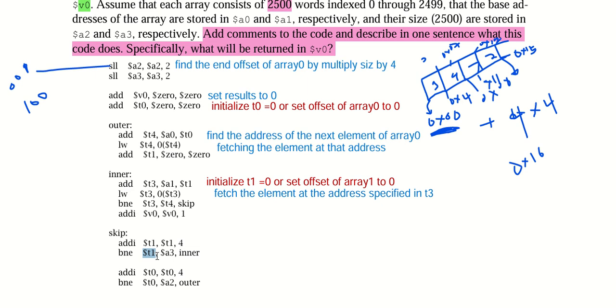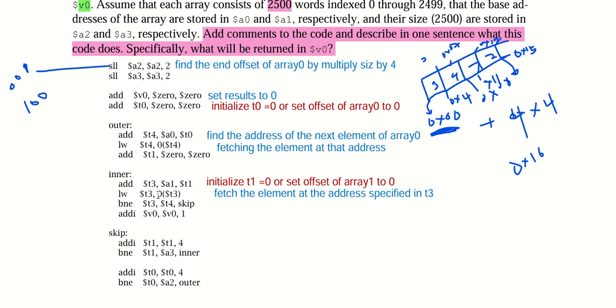Then we branch if the offset we've evaluated is not the end of the second array, so that we can use it to access the next element of the second array, right? It's a bit confusing because it's a whole lot of assembly, but we'll see a sample free code and it will be fine. So that's what we are doing.